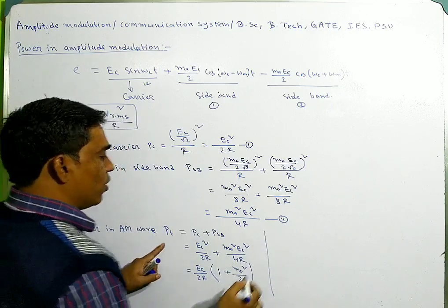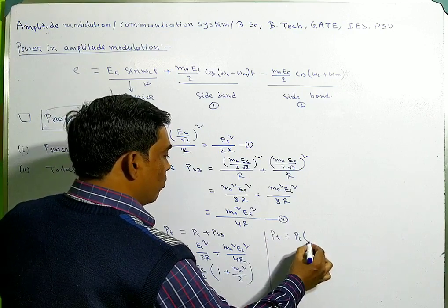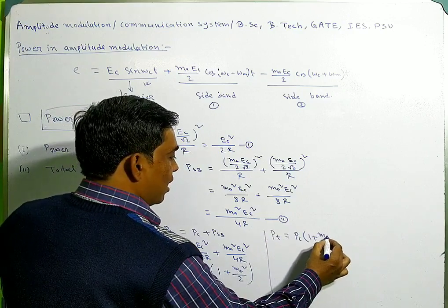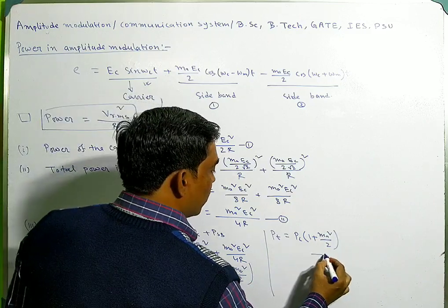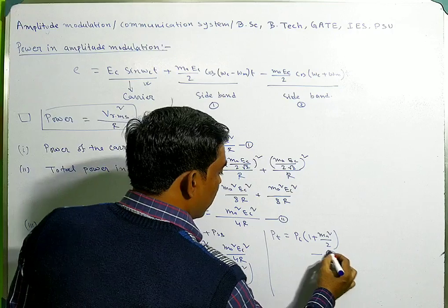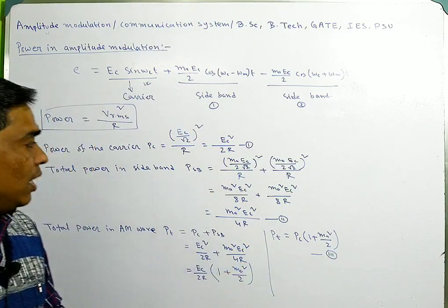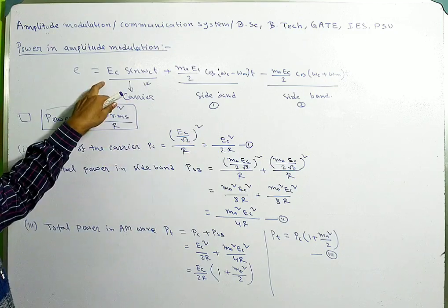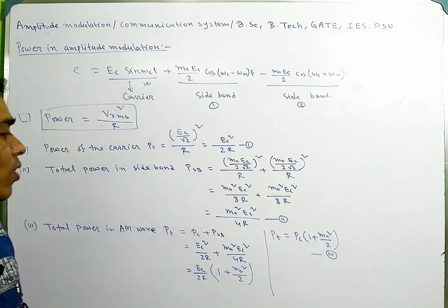So this equation will be PT equals Pc into 1 plus m squared divided by 2. This is equation number 3, the total power in the amplitude modulated wave in terms of carrier power and modulation index.